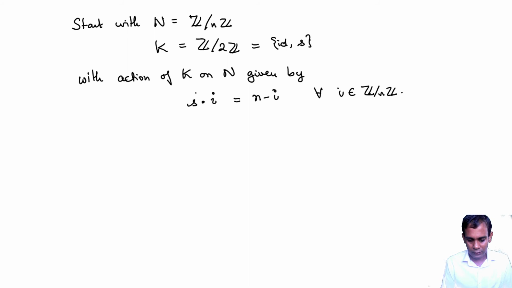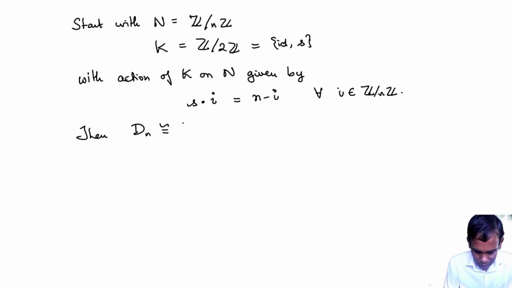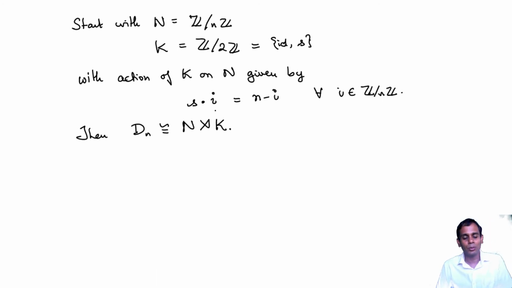Okay, and of course identity dot i is just i. That's part of being a group action. Then Dn is isomorphic to the abstract semidirect product N semidirect product K.